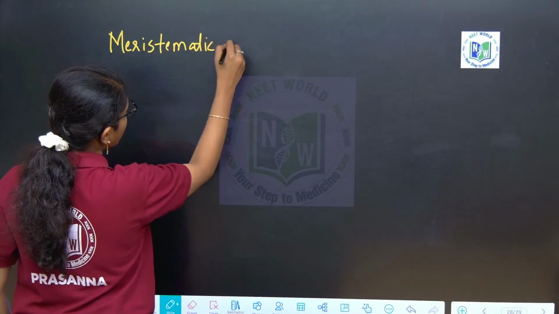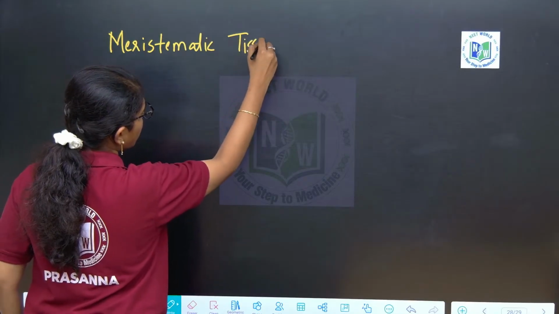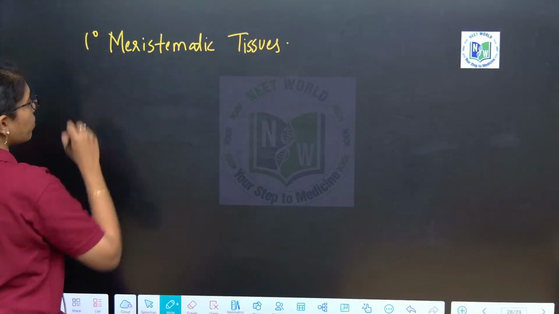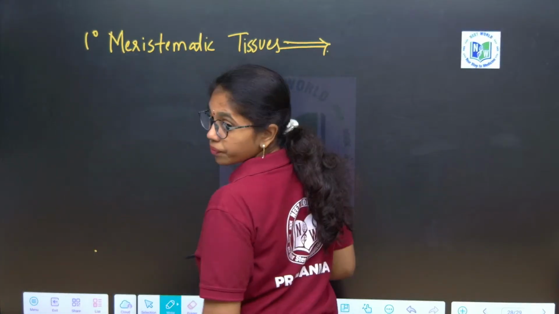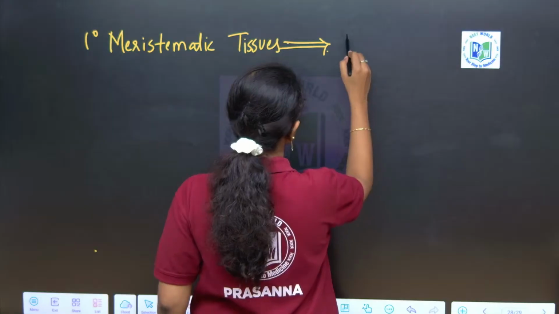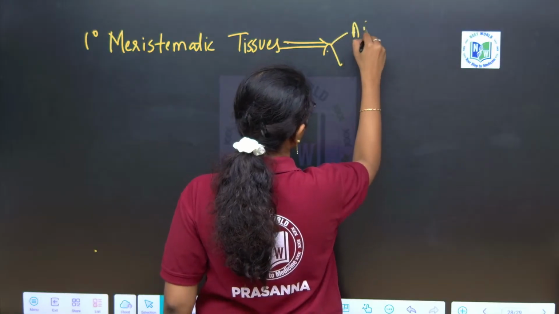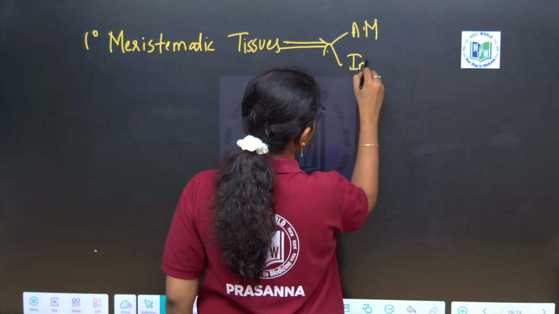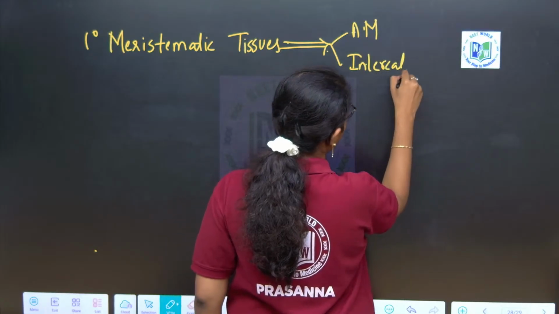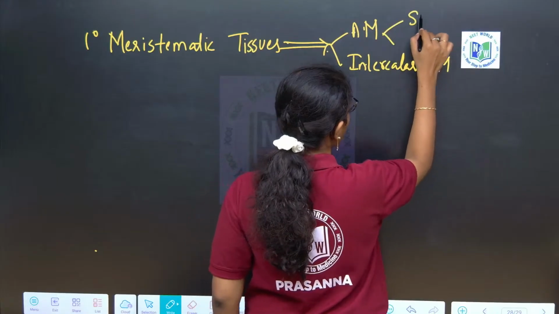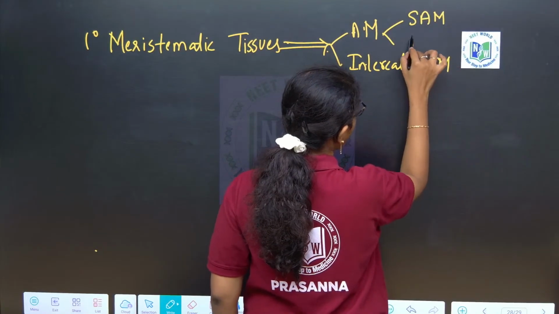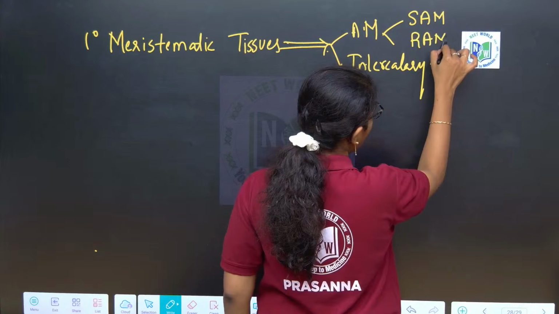Primary meristematic tissues, what are they? Apical meristem and intercalary meristem, right? Apical meristem is of two types. What are they? Shoot apical meristem and root apical meristem.